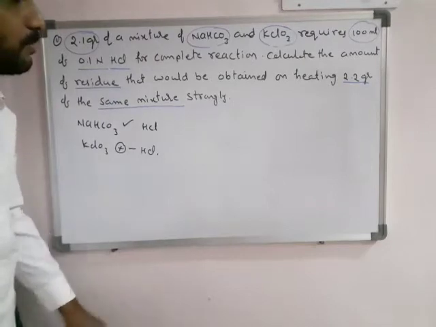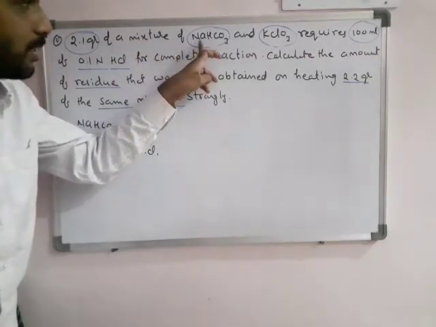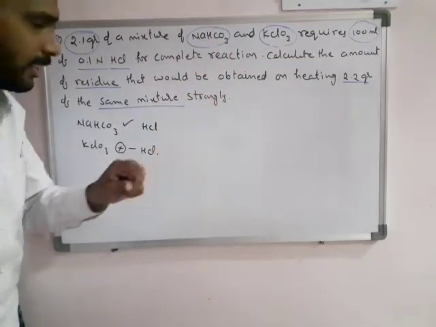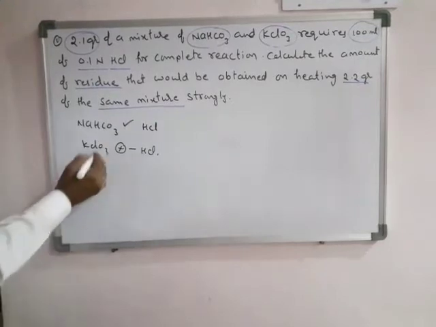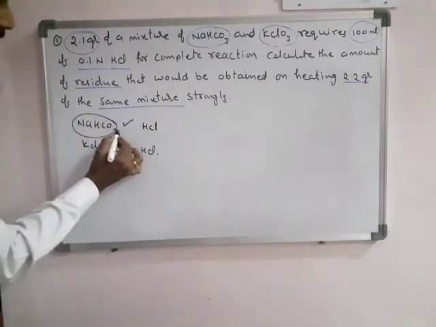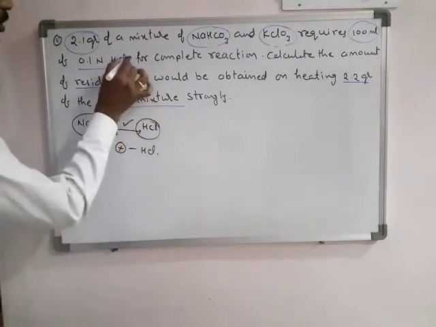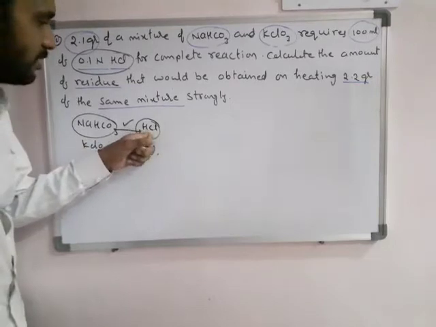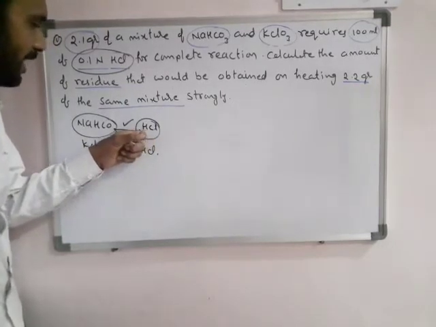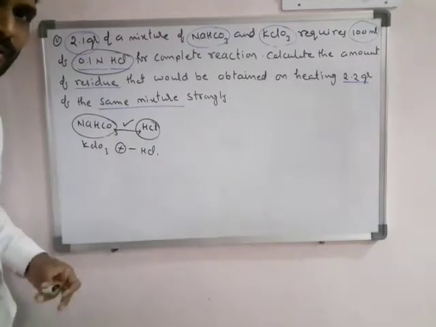Whatever the amount present in the mixture as sodium hydrogen carbonate is totally reacting with HCl. So with the help of the HCl information given, we are able to calculate the amount of sodium hydrogen carbonate.